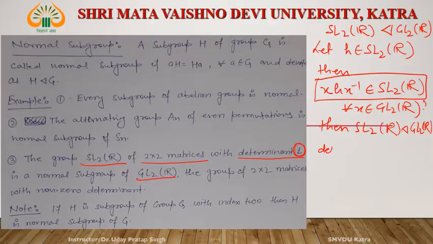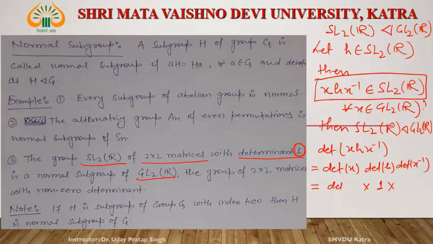See, the determinant of X h X inverse is equal to determinant of X, determinant of h, and determinant of X inverse. What is h? h is an element of SL2R. Therefore, this determinant is 1, since SL2R contains all elements whose determinant is 1. And this is determinant of X. And what is this? Determinant of X inverse, right?